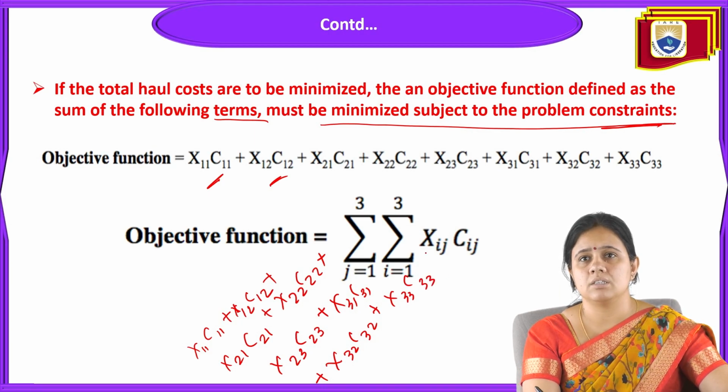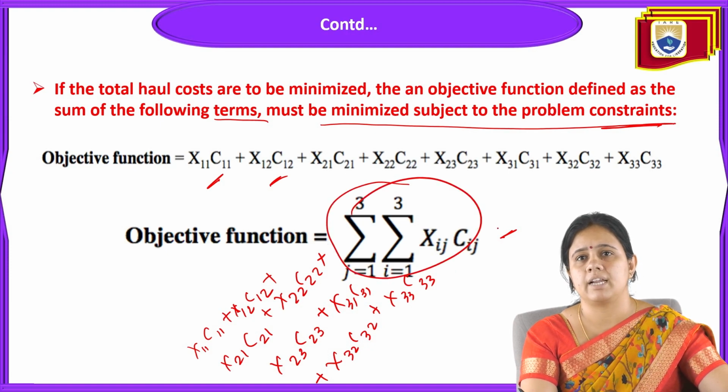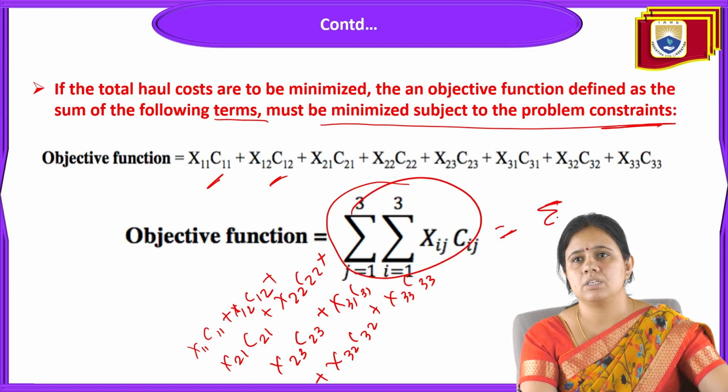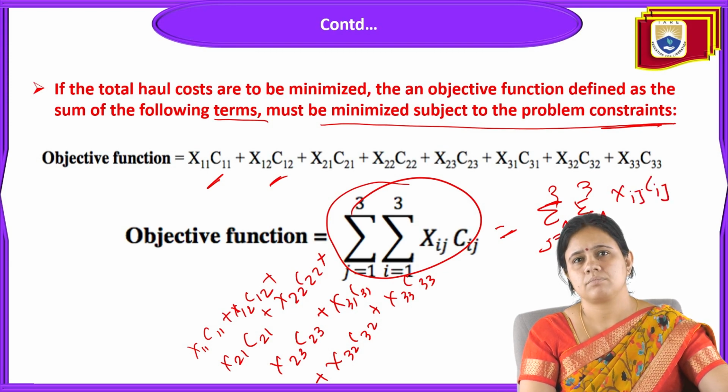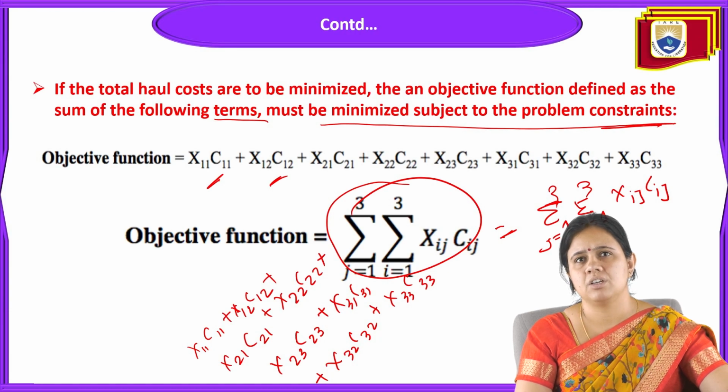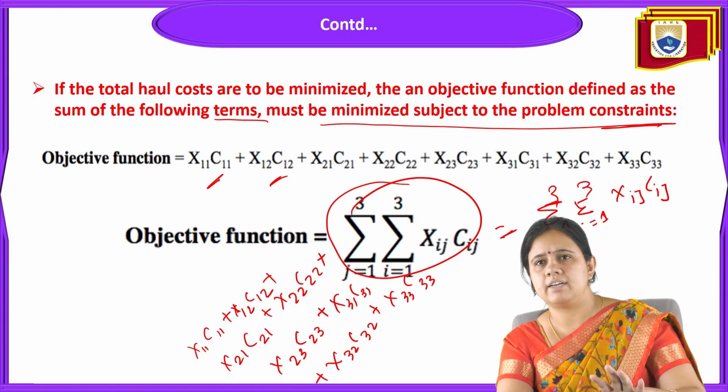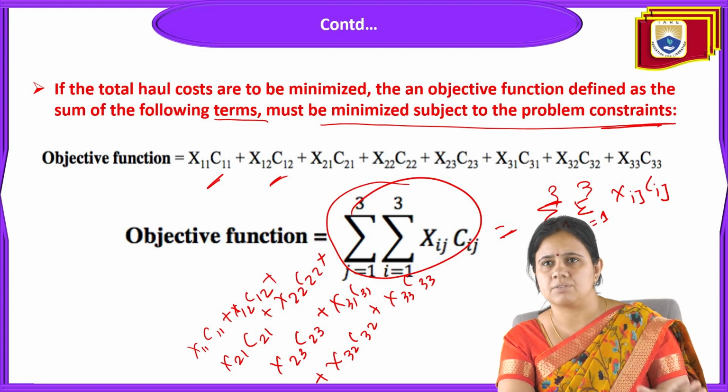So this function has been derived: the summation over j equals 1 to 3 and over i equals 1 to 3 of Xij Cij. This is the main objective function for the relationship between the disposal sites and transfer stations.